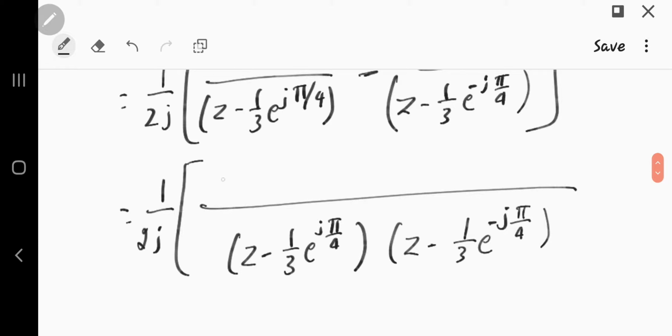I'm going to simplify this directly. z minus 1 by 3 e to the power of minus j pi by 4.